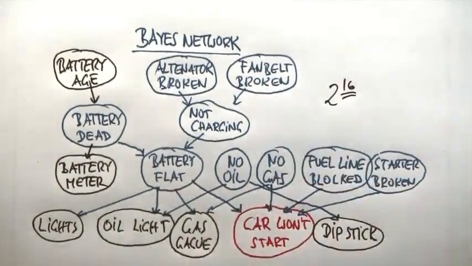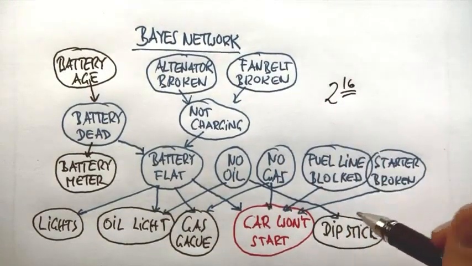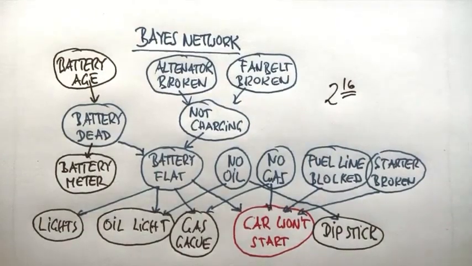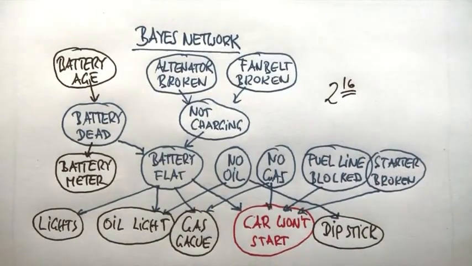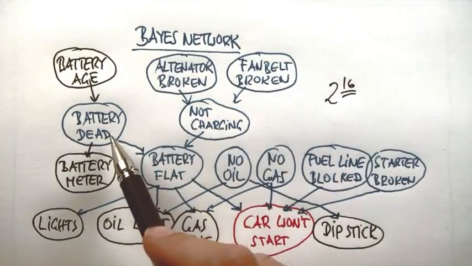The Bayes network, as we'll find out, is a compact representation of a distribution over this very, very large joint probability distribution of all these variables. Further, once we specify the Bayes network, we can observe, for example, the car won't start. We can observe things like the oil light and the lights in the battery meter, and then compute probabilities of hypotheses like the alternator is broken, or the fan belt is broken, or the battery is dead.